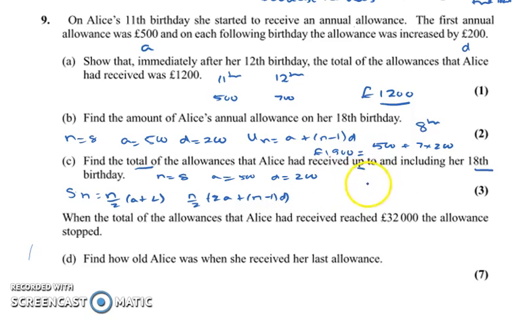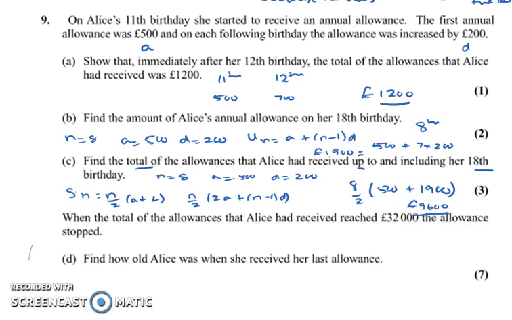It's just as easy to use the first and the last. So we have 8 over 2, first term is 500, last term we just found out 1,900. This becomes 2,400. 2,400 multiplied by 4 is 9,600.